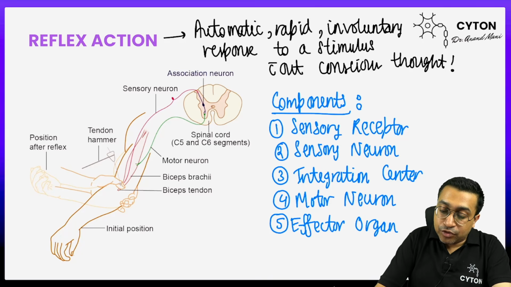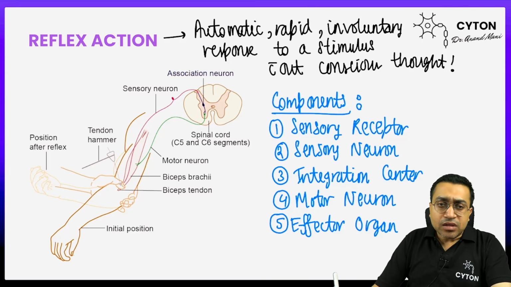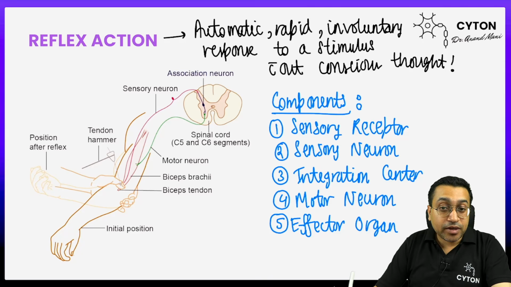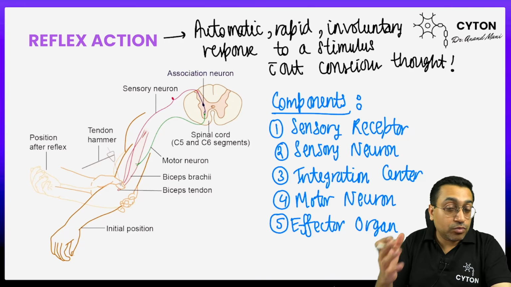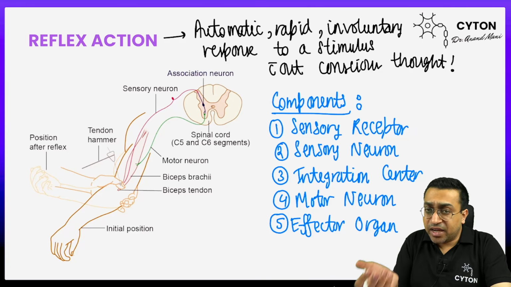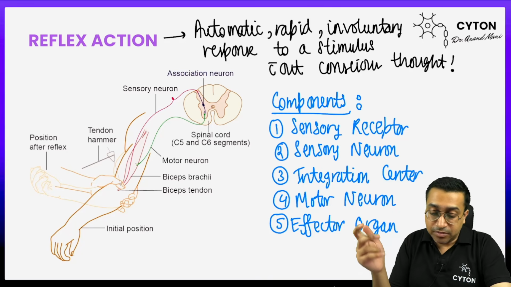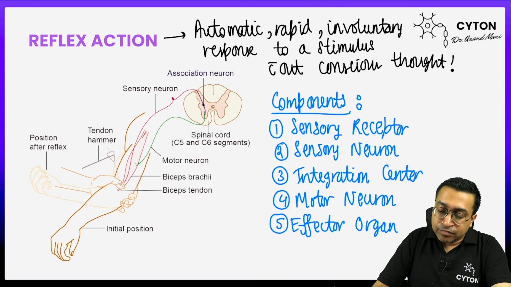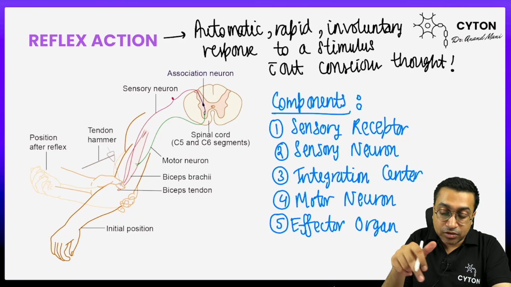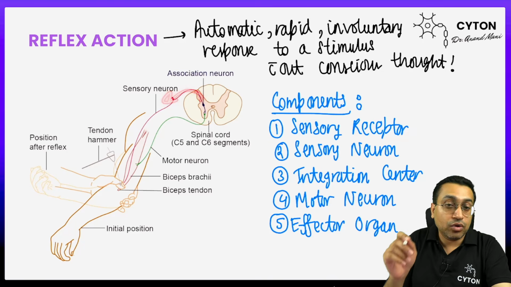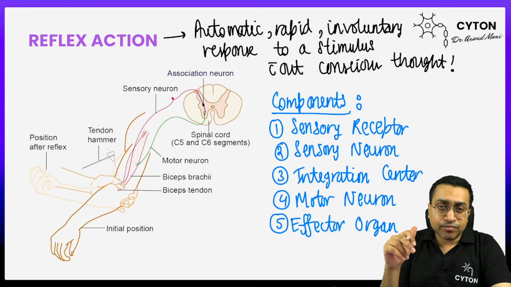Okay, so now see the sensory receptor. The process begins with a sensory receptor always, which detects the stimulus. Stimulus can be heat, pain or pressure in the peripheral nervous system. So there is something which has started from here. Now the sensory receptor is sending the signal through the sensory neuron to the spinal cord.